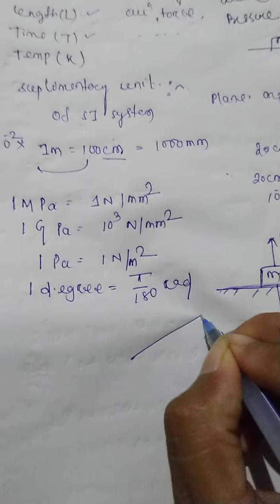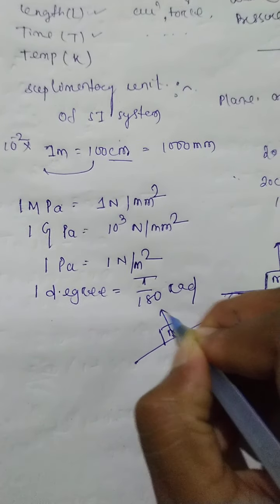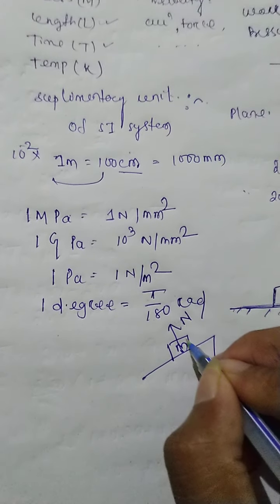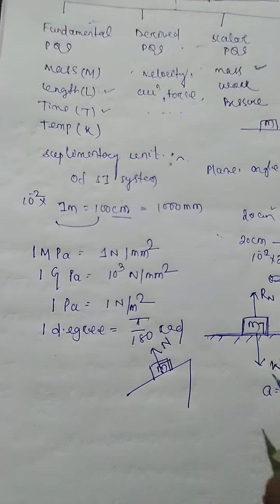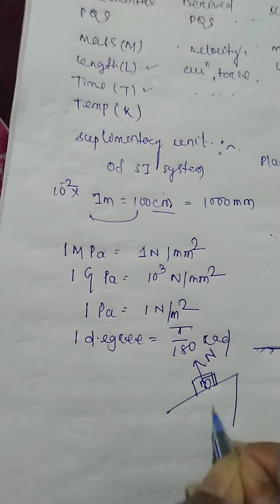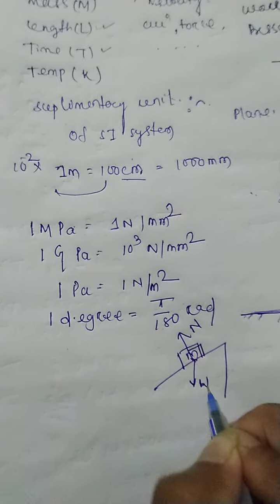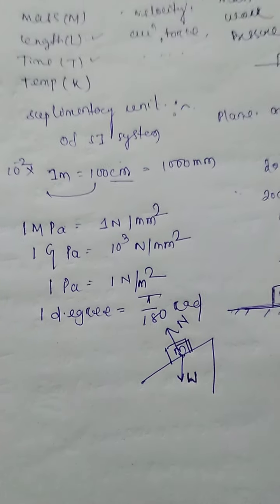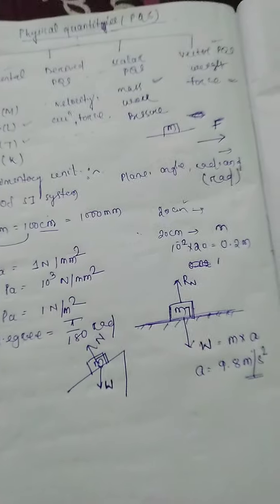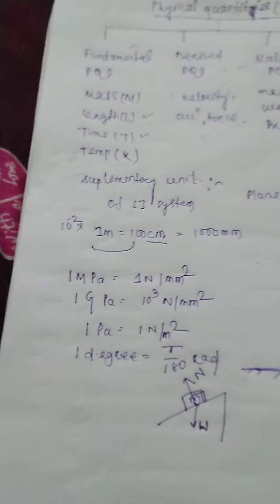If it is on an inclined surface with mass m, then the normal reaction on this side is always perpendicular to the surface. Okay, and weight is always downward to the earth. Okay, this is all about some basic things about physical quantities and units.